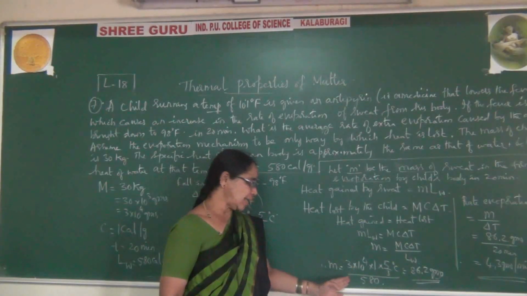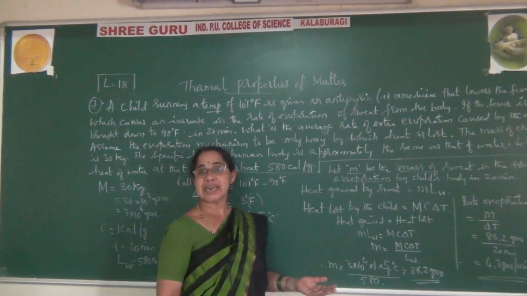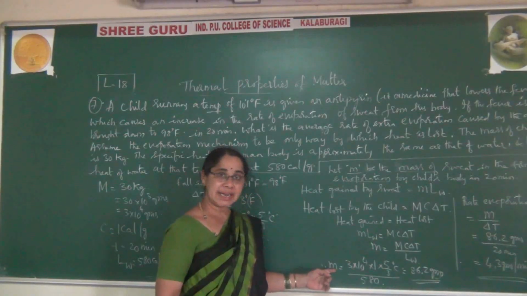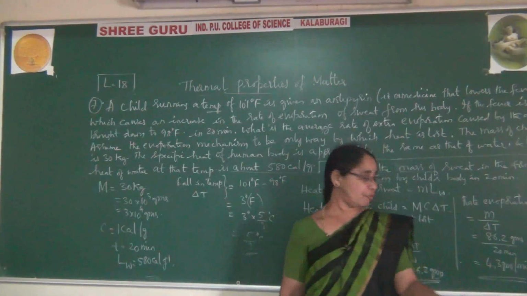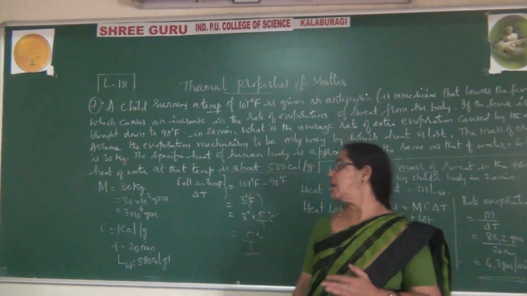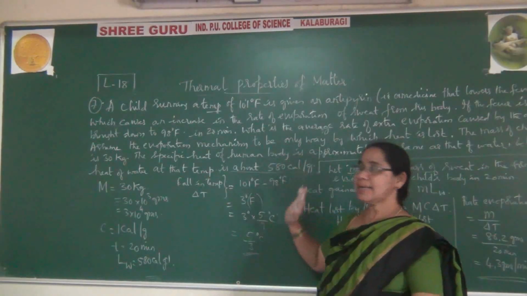After that, solving for the mass of evaporation carries marks. The last step, calculating the rate of evaporation, carries 1 more mark. So these are the steps to be followed. This is a 5-mark problem, so please understand it correctly.